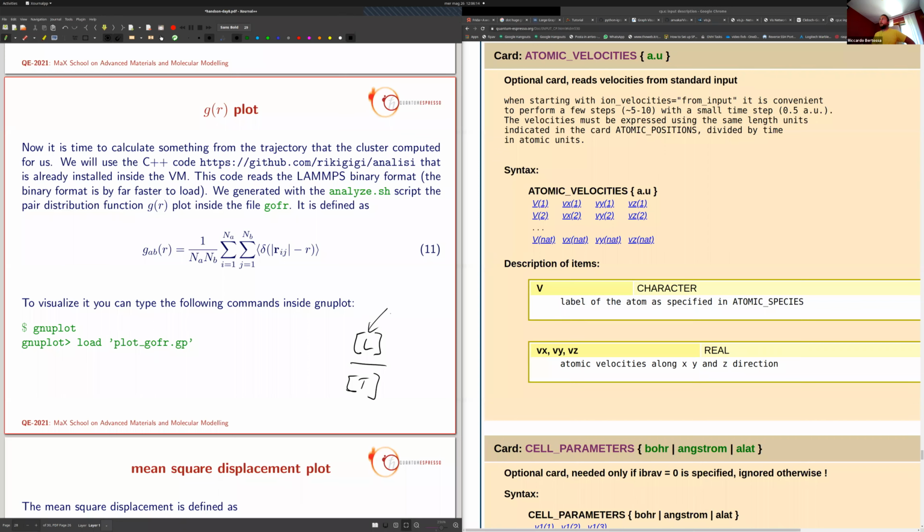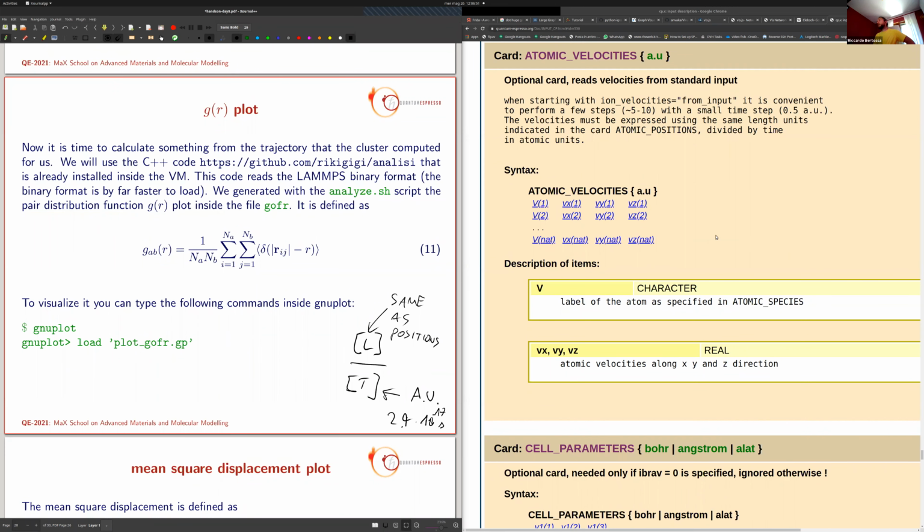This is the same as the atomic position input, and this is always atomic units, in the units of Car-Parrinello. That means 2.4 times 10 to the minus 17 seconds. I've written this number on my desk because I always forget it. And this is the same as for position. So those are the units of the velocities that you have to use if you use the input file.